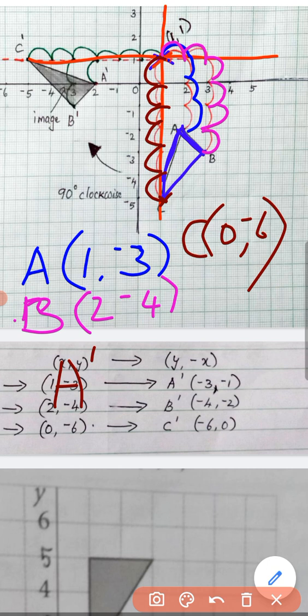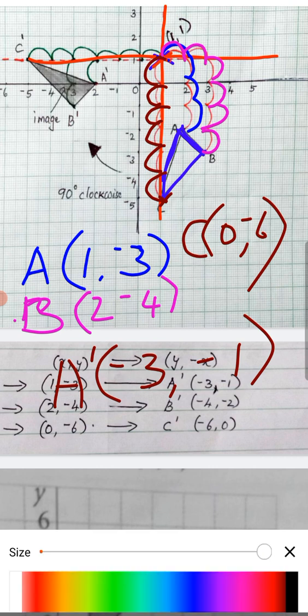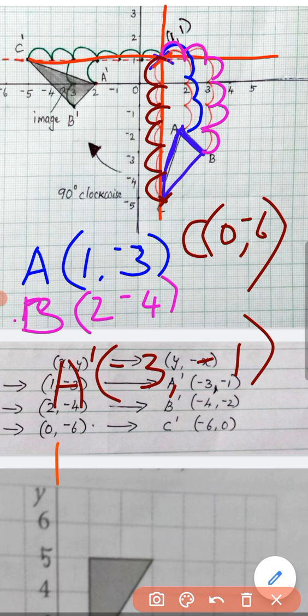Here y is -3, so A dash is (-3, -1). Then find B dash, that is (y, -x). Y is -4, opposite of 2 is -2. B dash is (-4, -2). And find C.